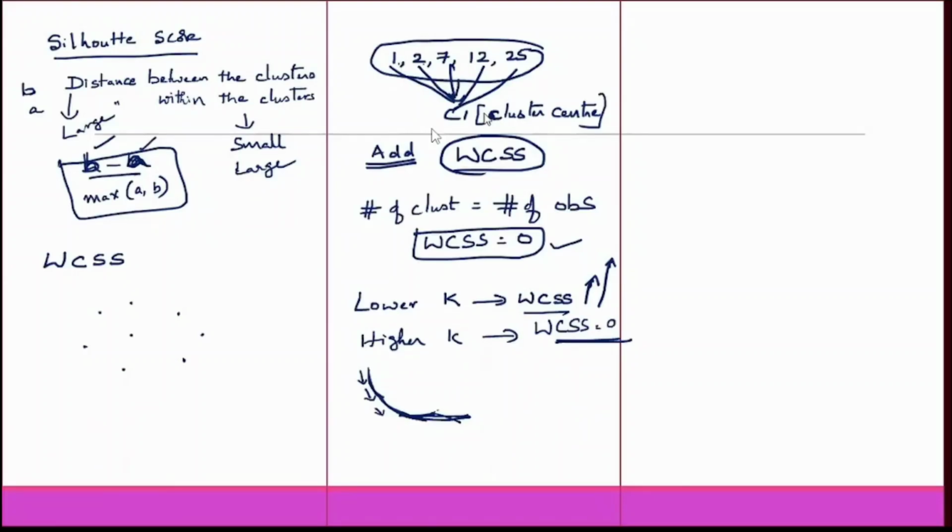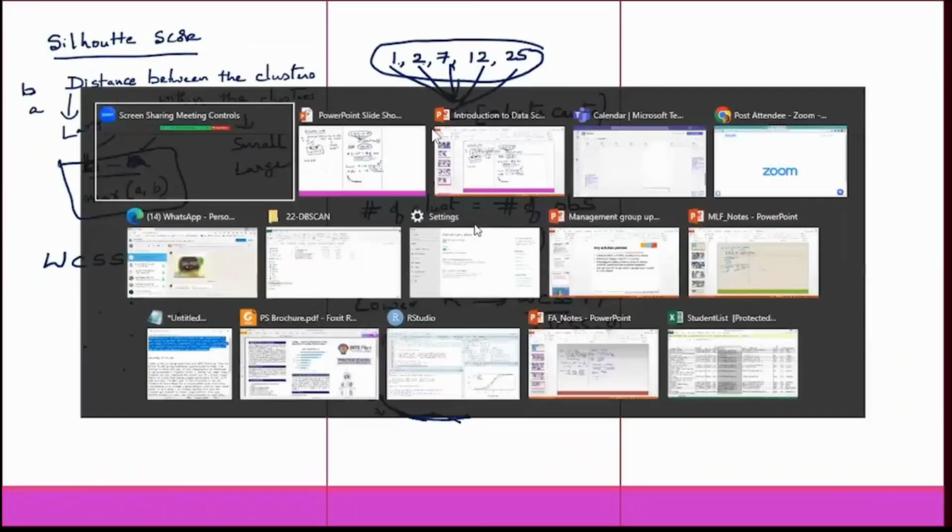Okay, you meant to say it's a sum of squares, right? So if it is sum of squares, it's an overall measure. Within the cluster, I am looking at the sum of squares. So, okay, let me run it again.